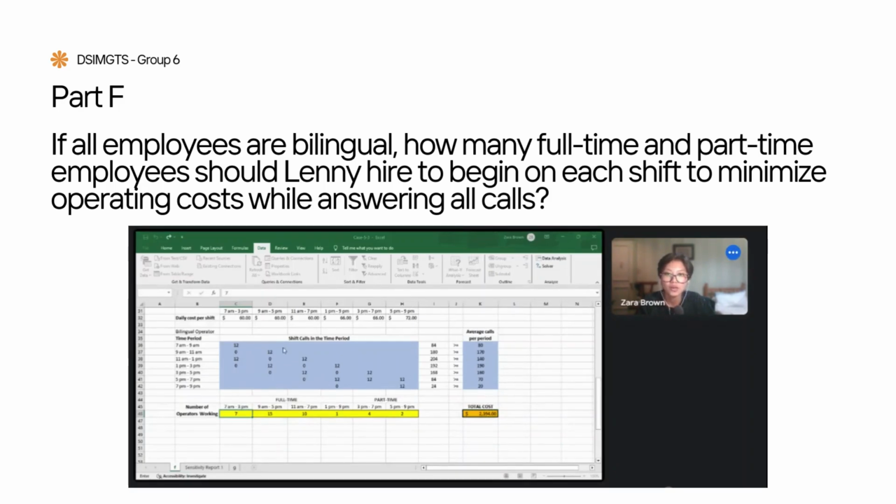And the constraints are the number of calls that we are able to take per period, which is greater than or equal to the average calls that we are able to receive per period. We also added another constraint that would make the number of operators working an integer, because we are talking about people, manpower. So from solving that, we get these variables for the number of operators working. That's 7 operators working for the first shift from 7 to 3. That's 15, 10, 1, 4, and 2. At a total cost of $2,394.